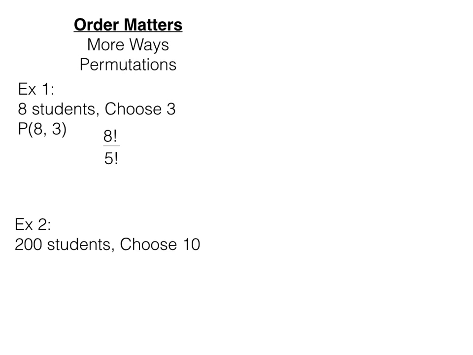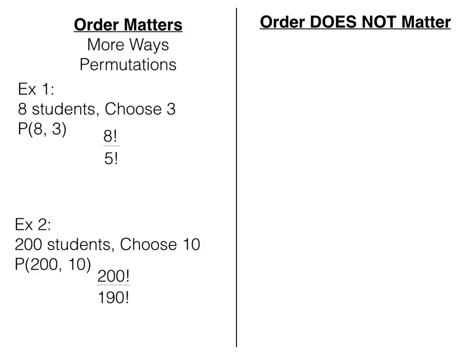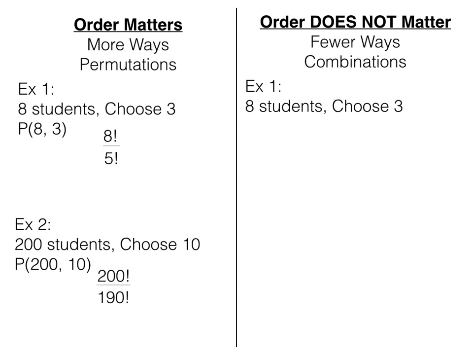In example 2, we had 200 students, we were choosing 10, so that would be P(200,10). We're doing permutations here because order matters, and our answer was 200 factorial divided by 190 factorial. When order does not matter, we know there are going to be fewer ways, right? Because the different orders can really be combined into one group. That's combinations. So in our first example, we had 8 students and we were choosing 3, but order did not matter.